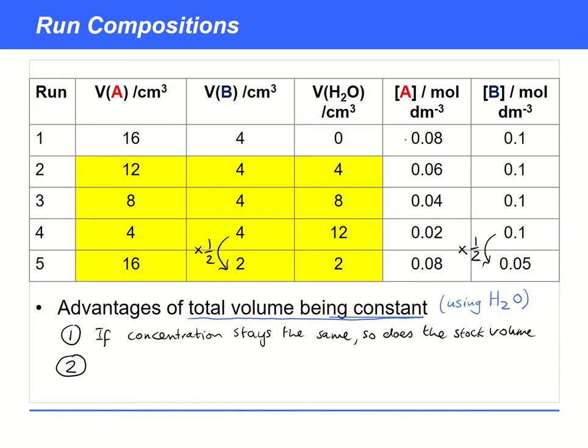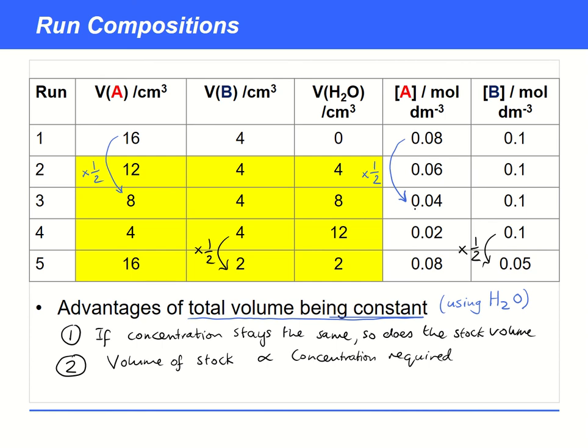If I go from here of 0.08 of A concentration to 0.04, timesing by a half, then the volume of A has gone down by the same factor, multiplied by a half. And so the beauty of keeping the volume constant is that the volume of the stock solution needed is directly proportional to the concentration required.